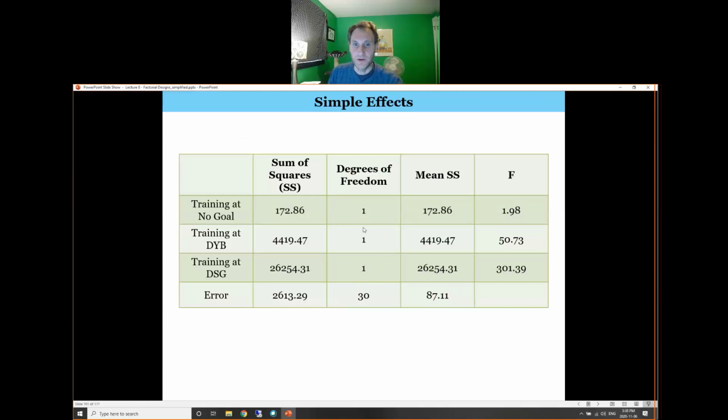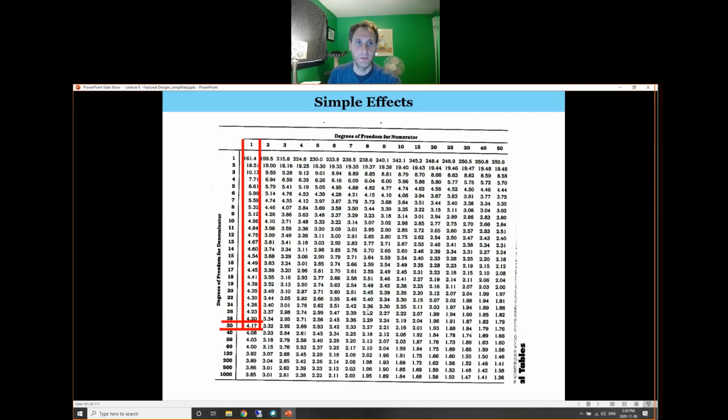Each one has 1 degree of freedom because there were only 2 levels of training, 2 minus 1. Yet the degrees of freedom for our error term belongs to this mean squared error. It's from the omnibus test. So we have F's with 1 and 30 degrees of freedom. So our F critical is 4.17.